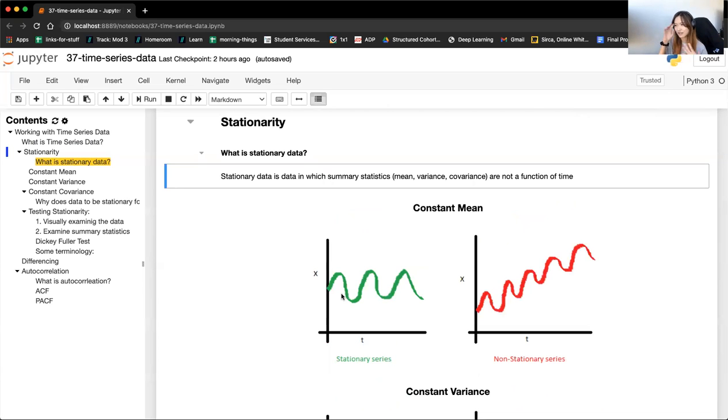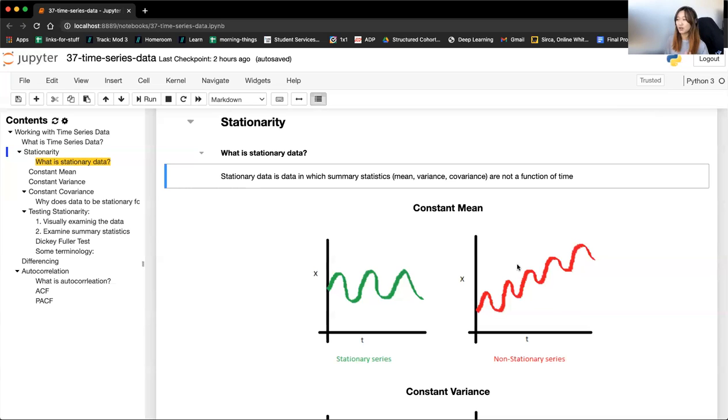So if you're collecting stock prices, a stationary stock price is probably something that's more stable, that hasn't really grown or gone lower over the course of time. If you have a stock price that is pretty similar now as it was maybe 10 years ago, you could assume that it's fairly stationary just because of its constant mean.